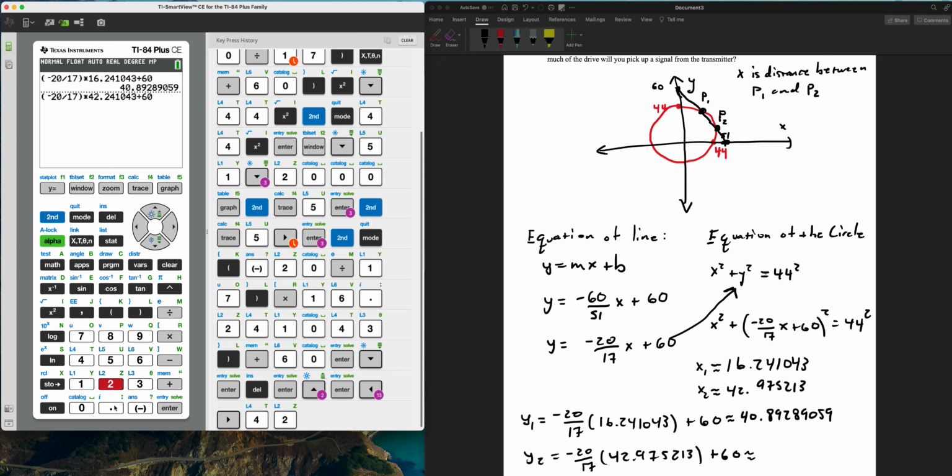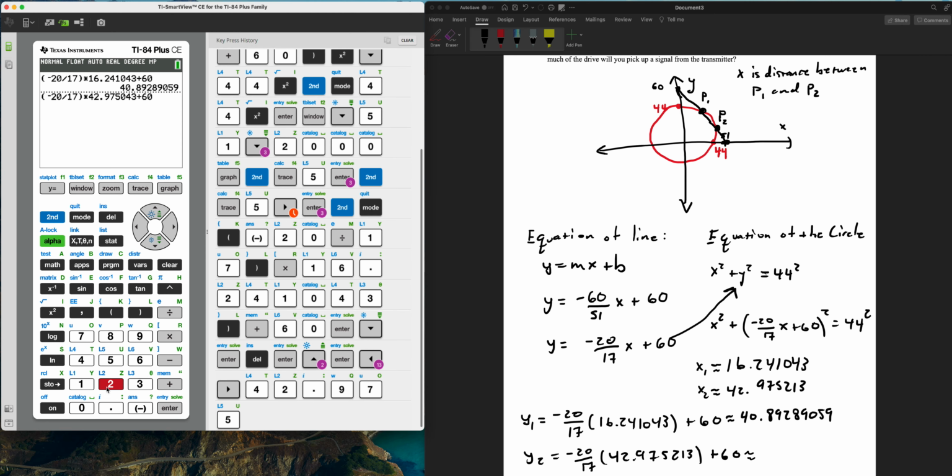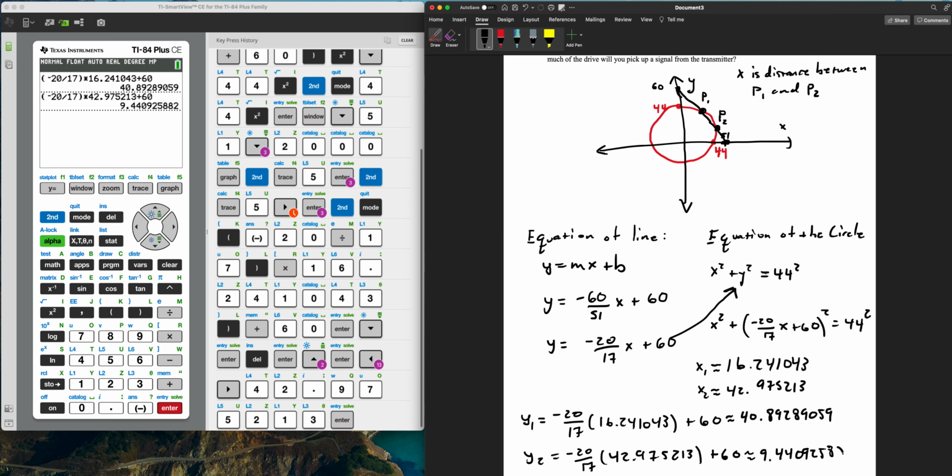It's 42.975213 plus 60, which is approximately 9.4409258882. And again, I take as many decimal places as possible, only because we don't want to propagate any unnecessary errors in our final calculation.